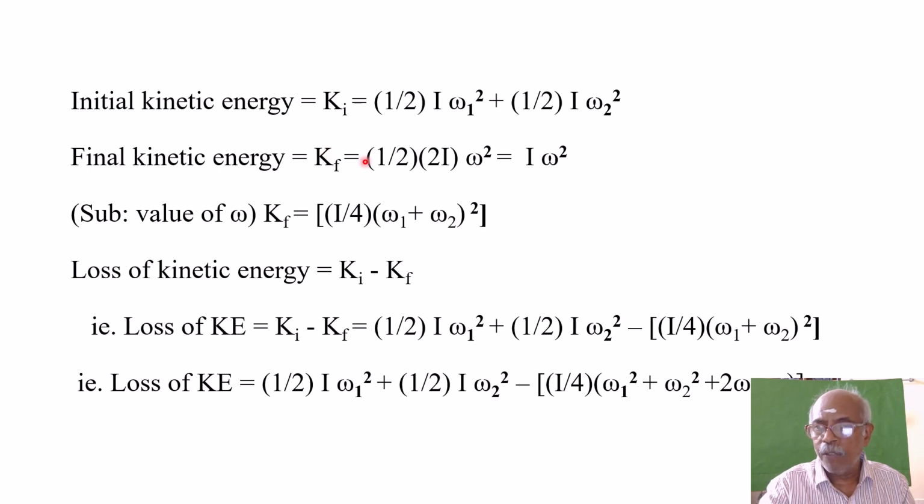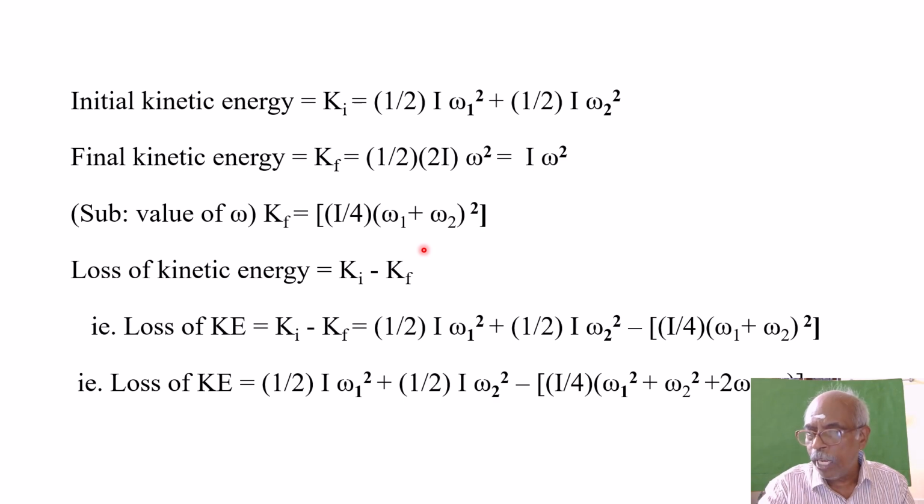So in the equation Kf is equal to I omega square, you can substitute the value of omega. What is the value of omega? Just now we saw that omega is equal to 1 by 2 into omega 1 plus omega 2. Then what is omega square? Omega 1 plus omega 2 the whole square divided by 2 square.